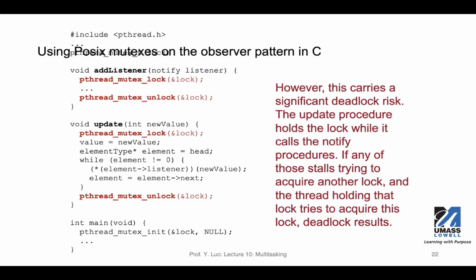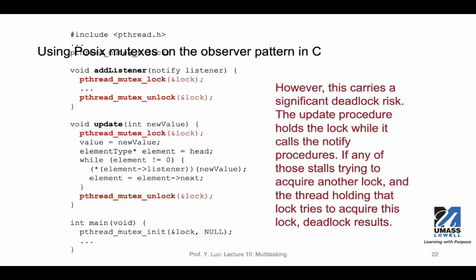And on the other hand, you have another thread which already acquired the second lock, but is trying to acquire the first lock. In this case, the threads will both hold one lock, but still be trying to acquire the other lock. And that's where the deadlock happens.